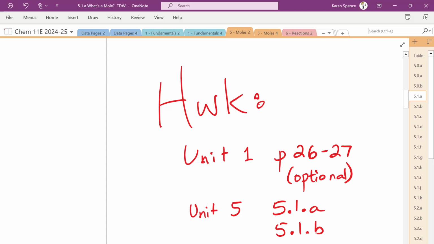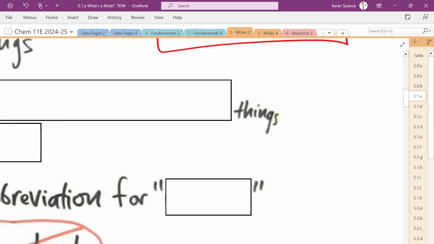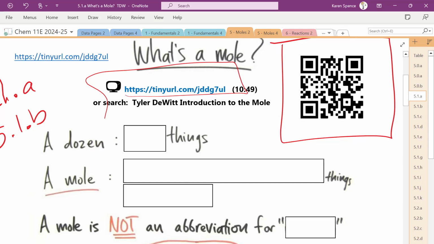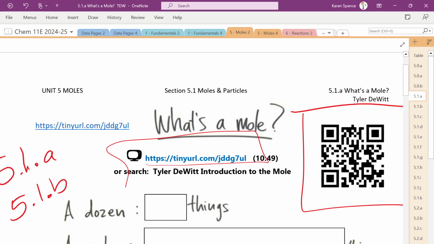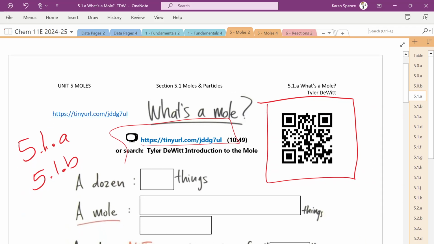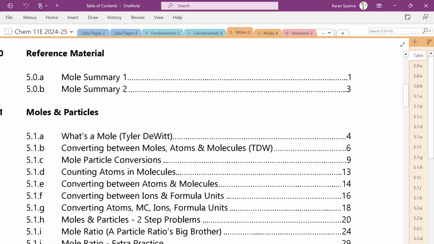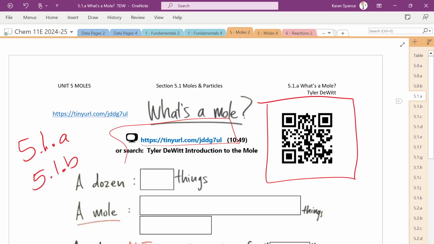If you don't love Tyler DeWitt, then you can put him on 1.75 times, and it's really good. Okay? So if you're wondering what on earth is going on with 5.1A, well, first of all, we have our table of contents, and you can look up what page 5.1A is on. It is on page 4. Okay? We're not doing that right now, so you don't actually even have to be there.